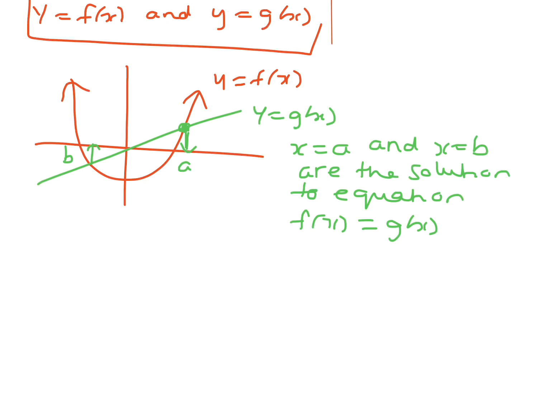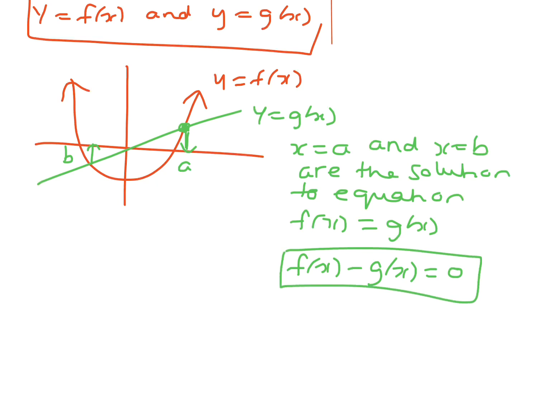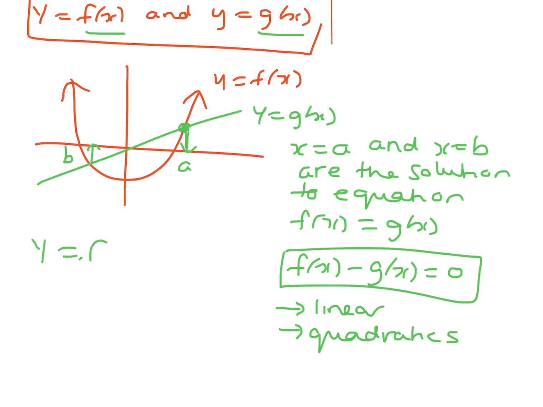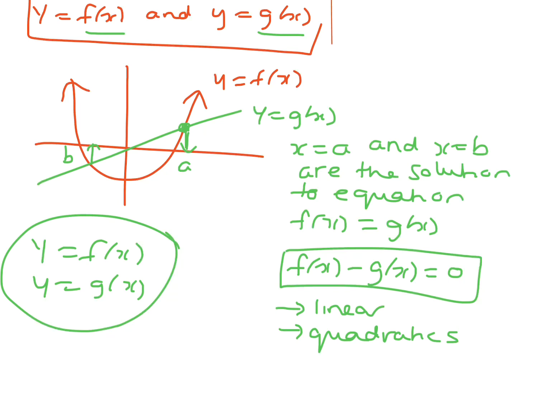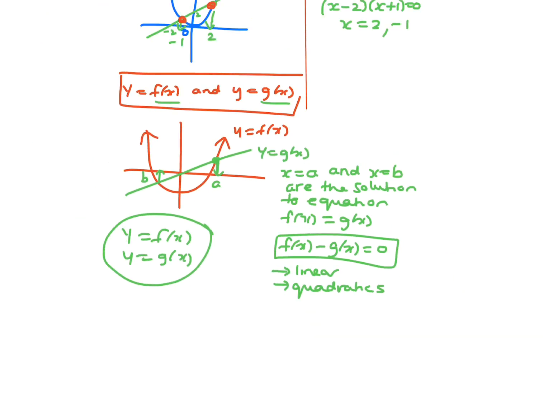So when the two y values are equal to each other, and that's f of x minus g of x equals 0. So algebraically, you make these two things equal to each other, you bring it to the one side and you solve that, whether it's a quadratic or it's linear. You use your equation techniques to solve it. And the solution to that equation will be the same as if you sketched y equals f of x and you sketched y equals g of x and you found the point of intersection graphically.